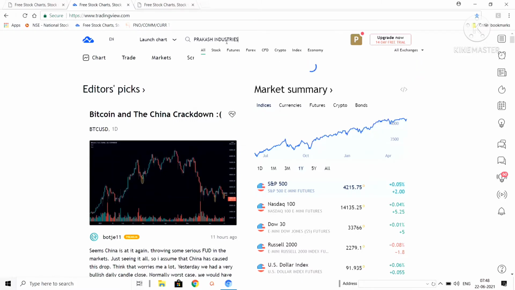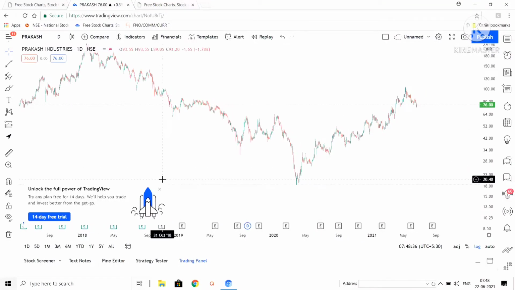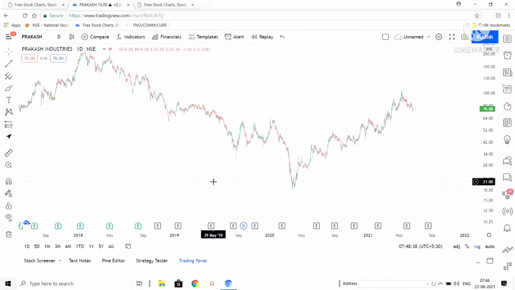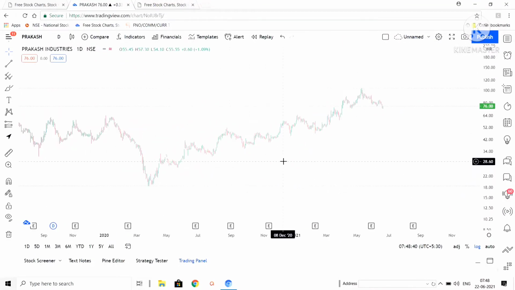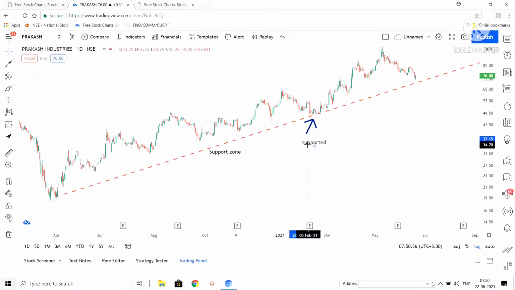Let me open Prakash Industries in our trading platform to do the analysis. See here how Prakash Industries keeps on going upside from May 2020 onwards. Here the red line is our support zone and the inclined red line is our support line.